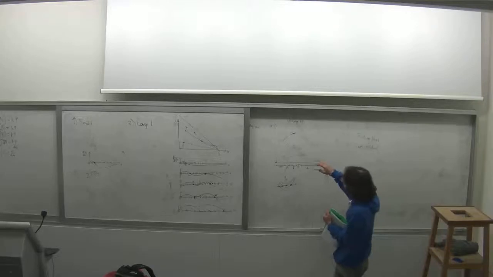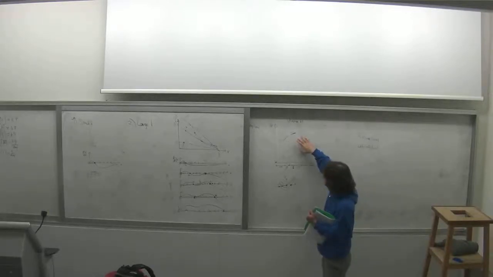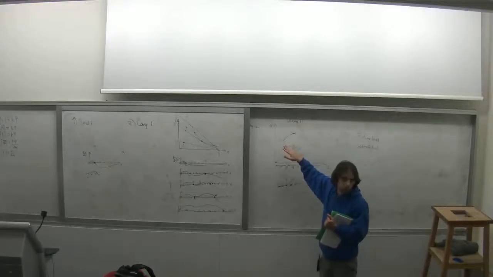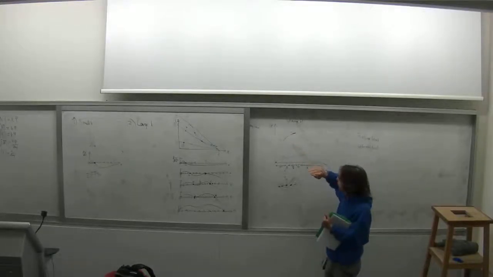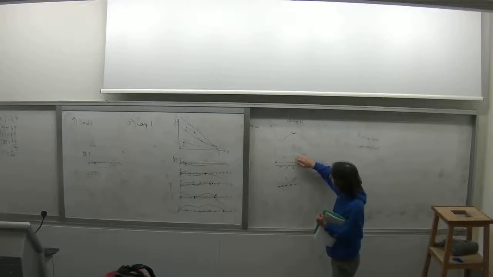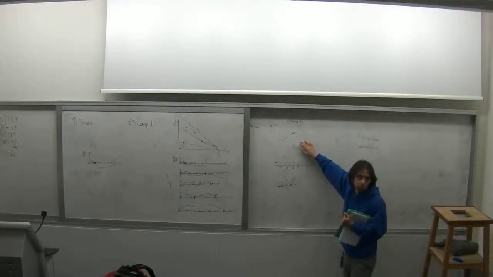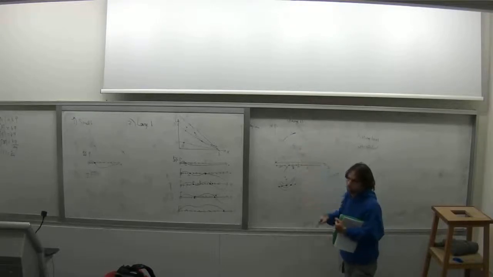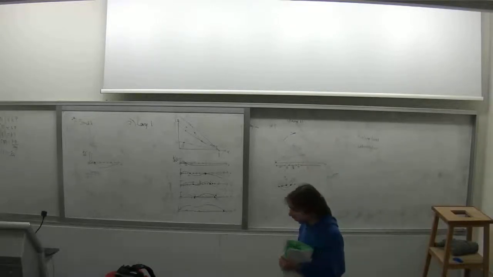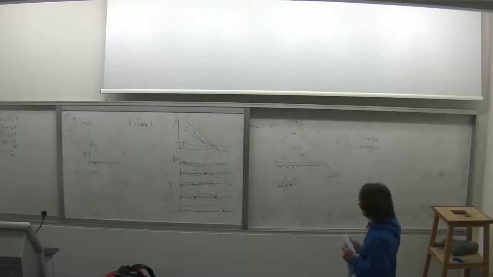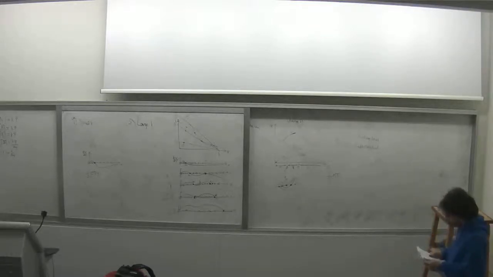We see that there are two ranges that have a separation between them. So there can be low populations and there can be high populations, but there cannot be intermediate populations. Only transiently, but not stable intermediate populations.